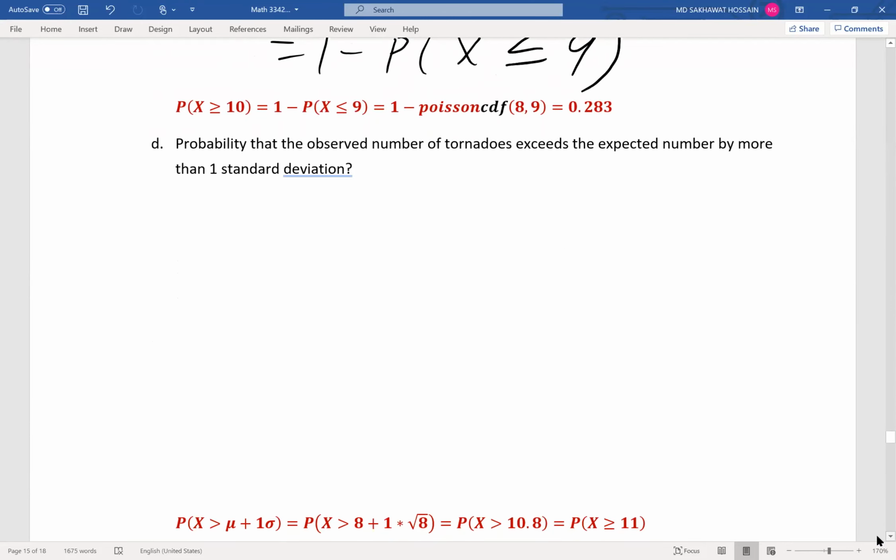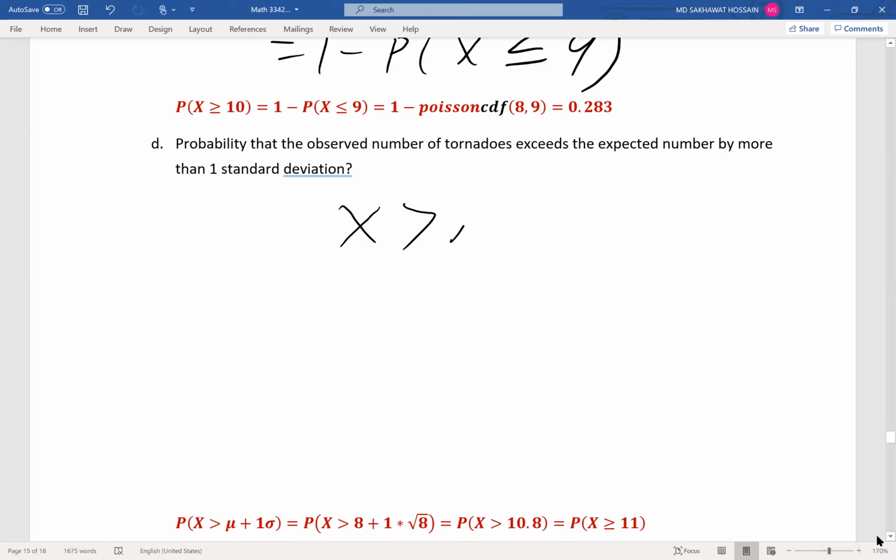Okay, similarly for part D, the probability that the observed number of tornadoes exceeds the expected number by more than 1 standard deviation. So what does it mean? The probability that the observed number of tornadoes exceeds the expected number, so that means X is greater than the expected number.